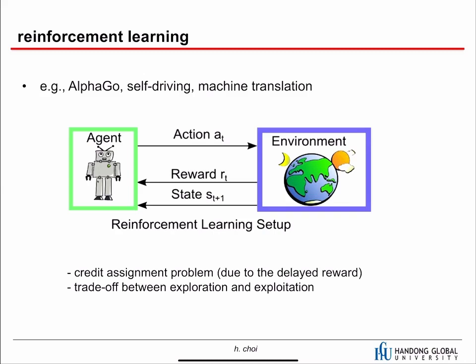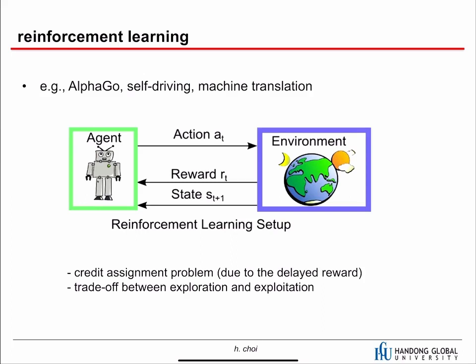When we talk about supervised learning or reinforcement learning, we are not talking about the model. We are talking about how to train the model. In AlphaGo, for example, we have the same model, but we train it with supervised learning and reinforcement learning. Likewise, we can train machine translation with reinforcement learning techniques.